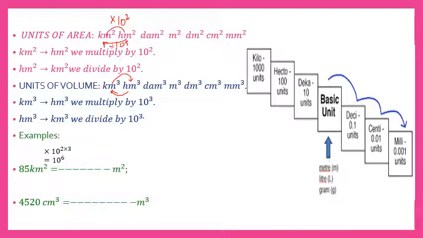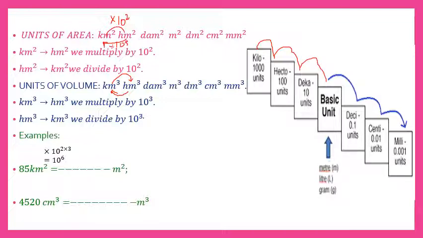Example, if I have 85 squared kilometers, I want to convert them to square meters. We have to multiply by 10 to the power 2, and we have to count how many times we jump. 1, 2, and 3. So I have 3 jumps.